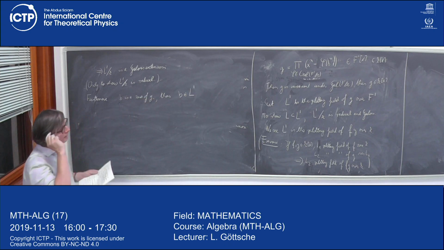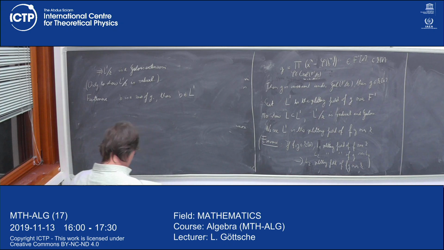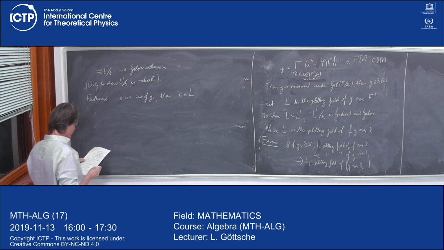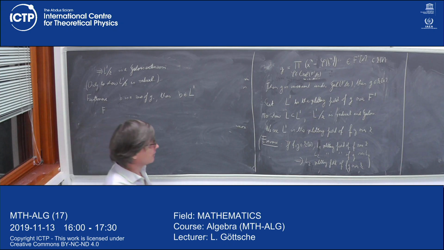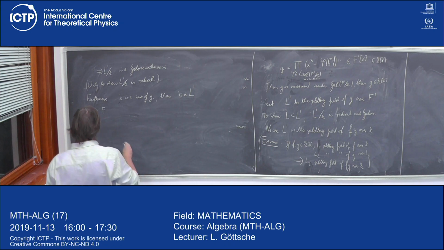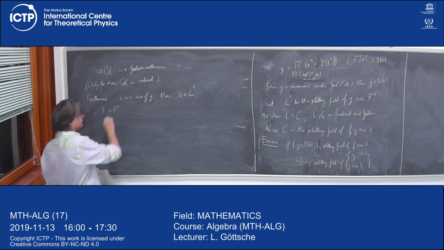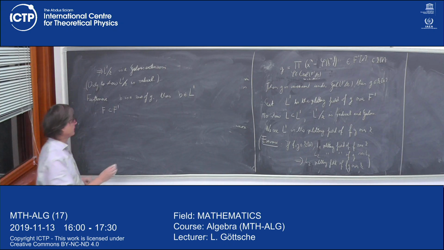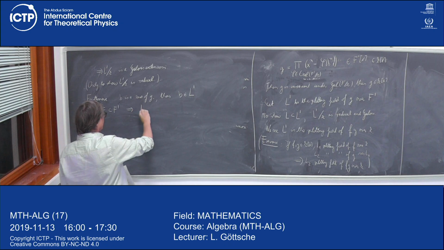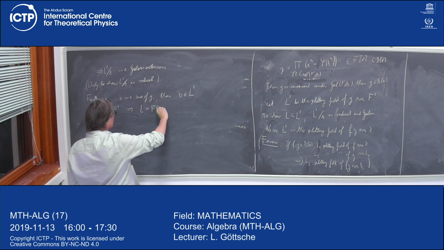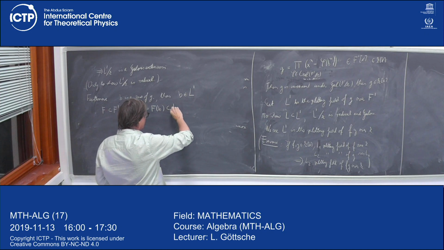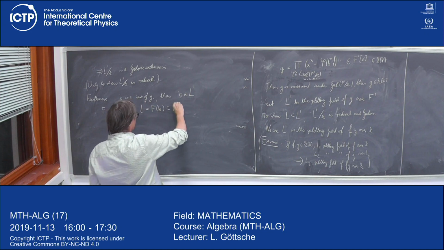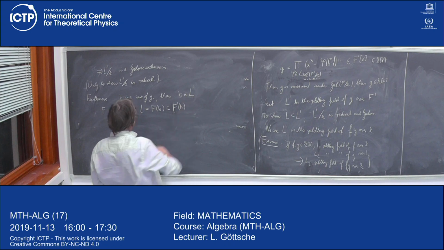And we also have, by definition, f is contained in f prime. Thus it follows that L, which was equal to f of b, is contained in f prime of b.